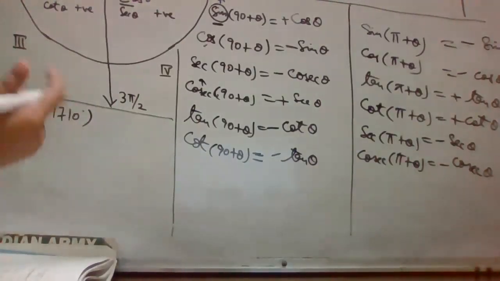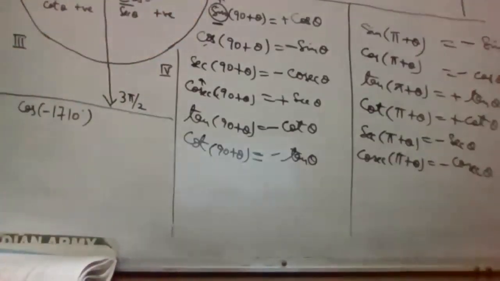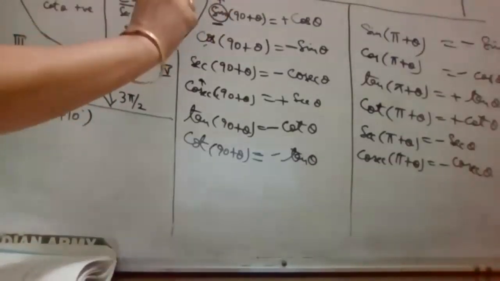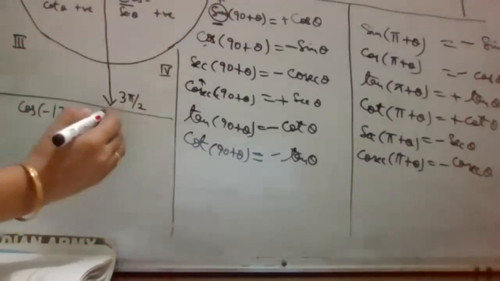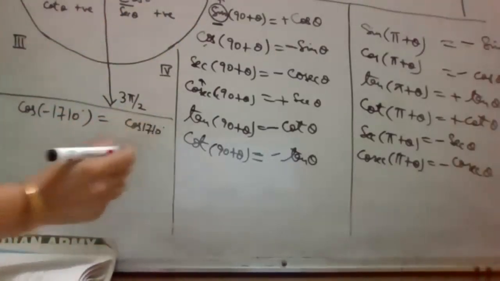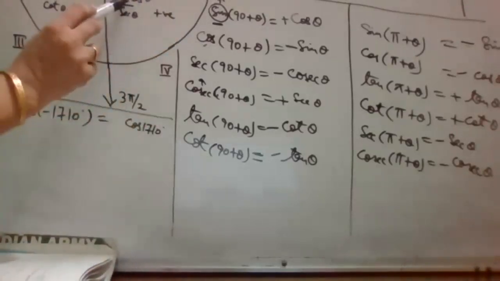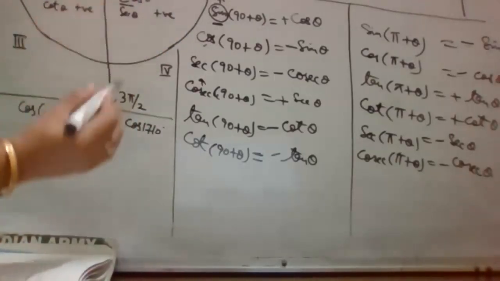Minus theta means 0 minus theta. 0 minus means we are coming to the fourth quadrant, and since it is with respect to the x-axis, the ratio will not change. So it will be cos 1710 degrees, and since cos is positive in the fourth quadrant, it will be a plus sign.